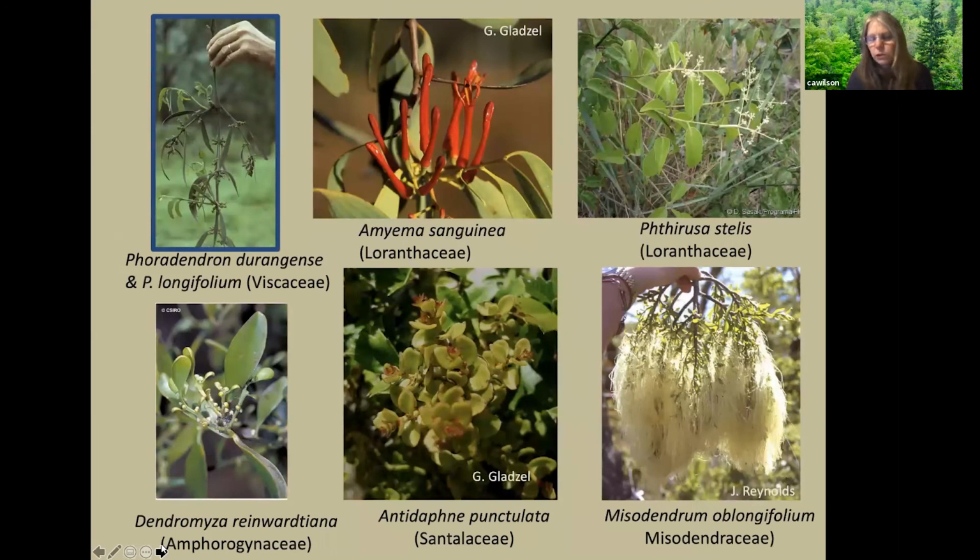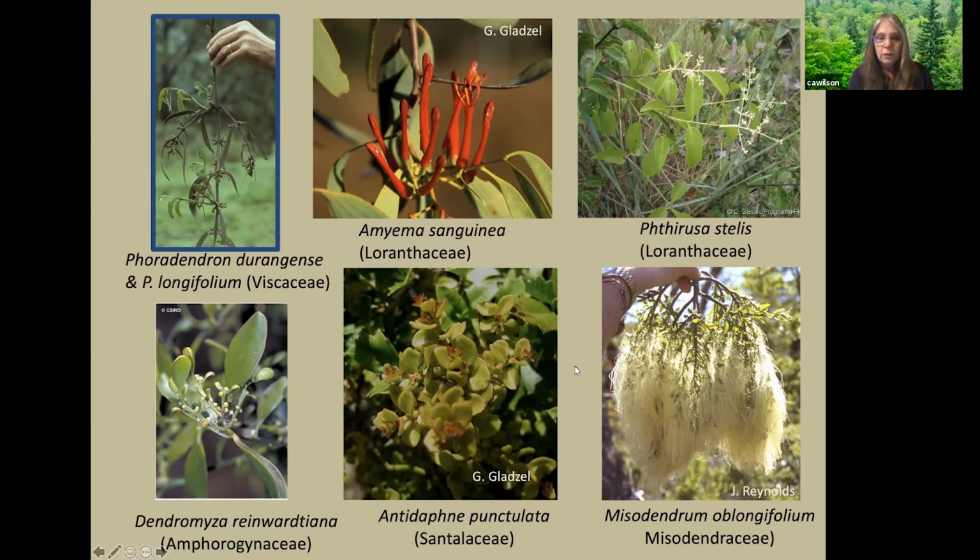And here's some of the diversity that you see in the mistletoes. We have Phoradendron, again outlined in blue because it's in the Viscaceae and so related to your dwarf mistletoe. I put in 2 Loranthaceae because there are Loranthaceae that have very large flowers, as you can see in this Amyema, and then Loranthaceae that have rather small flowers, as you can see in Tharusa. So it's quite a diverse group in terms of flower morphology.